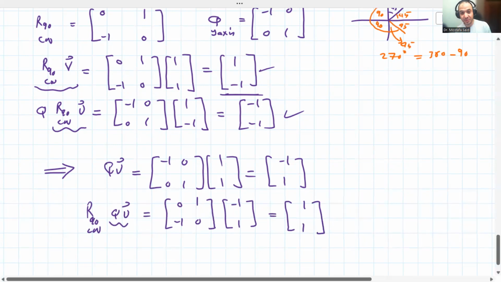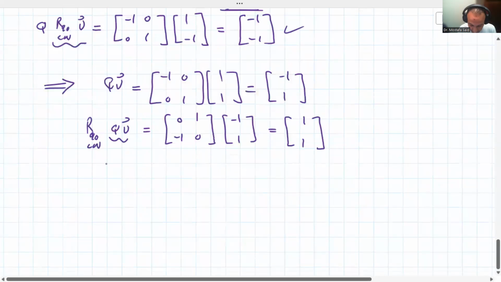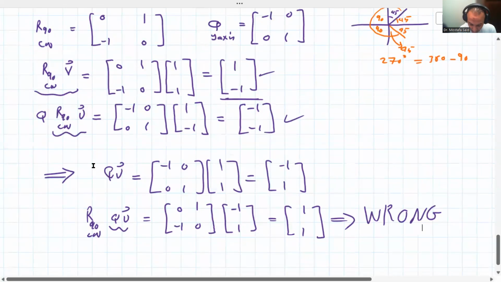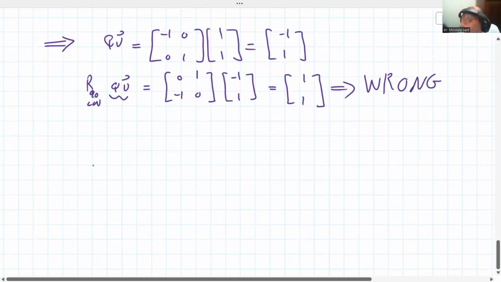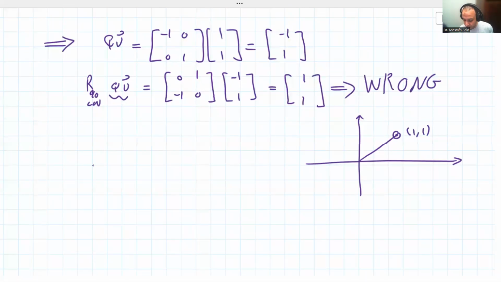Yeah, 1, 1. That's very wrong. We know that the correct final answer is minus 1 and minus 1. But let's explain why it comes out wrong. This is the point 1, 1. Very rough sketch, but anyways, and this is 45 degrees again.